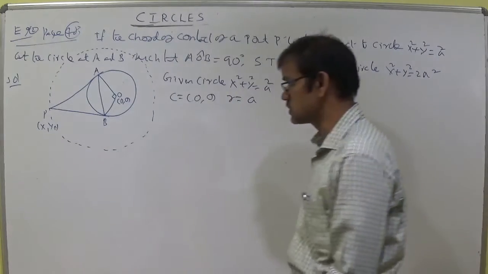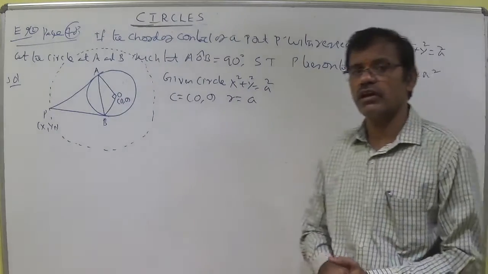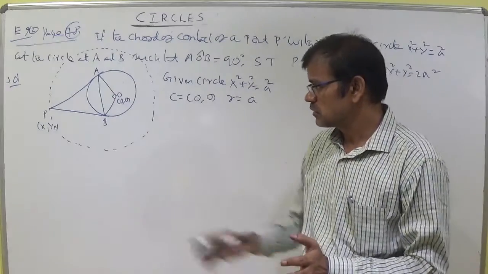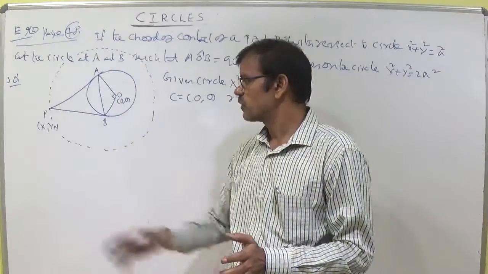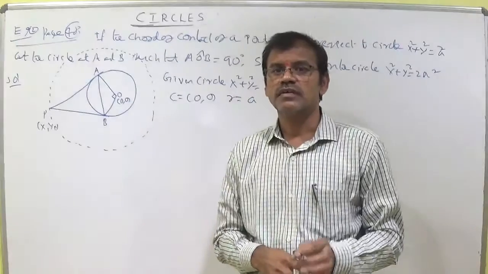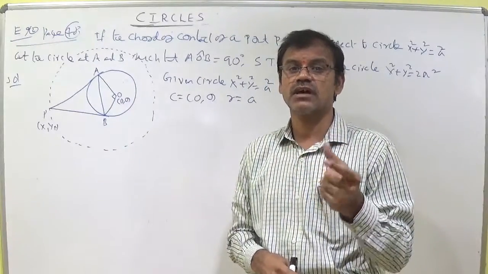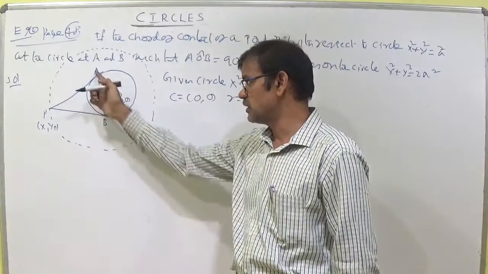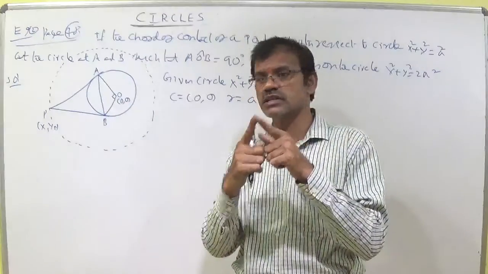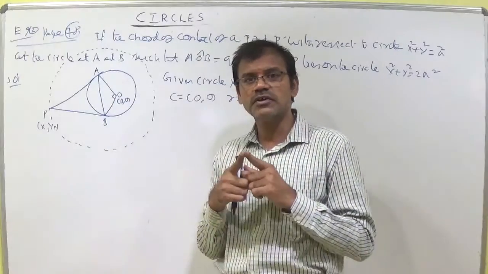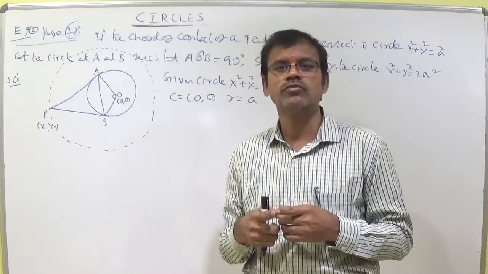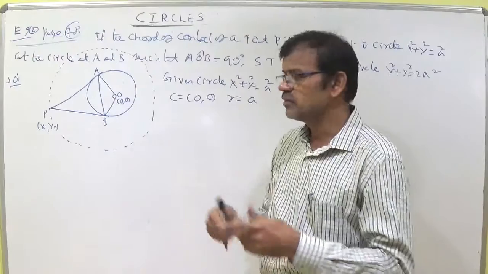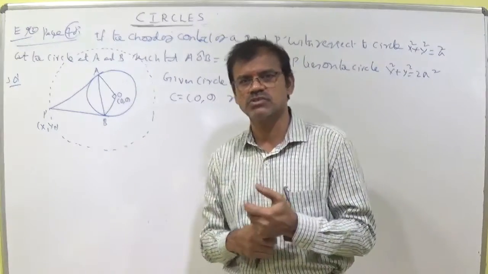We can understand this as follows: if a line joins from any point to the circle, and the points of intersection are joined to the origin, then we should follow the homogenization method. In first year exercise 4C, 6 sums are there.